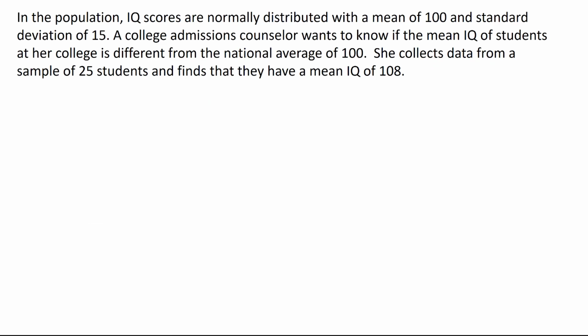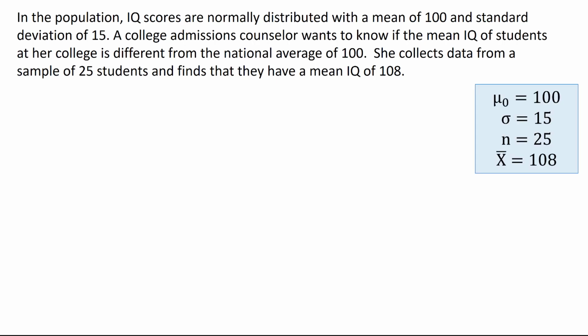Here's our scenario. In the population, IQ scores are normally distributed with a mean of 100 and standard deviation of 15. A college admissions counselor wants to know if the mean IQ of students at her college is different from the national average of 100. She collects data from a sample of 25 students and finds that they have a mean IQ of 108.